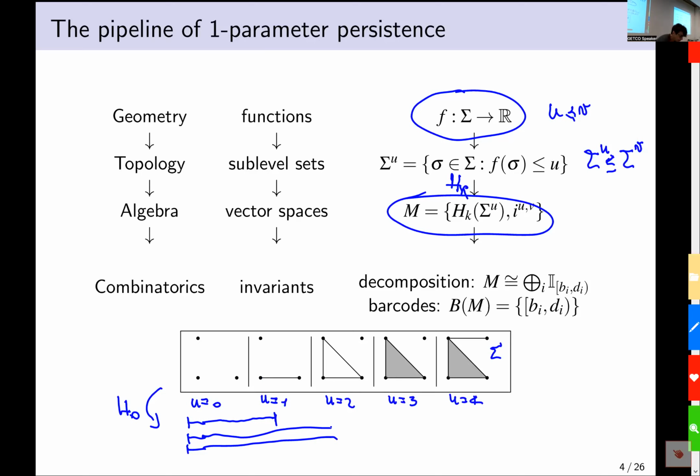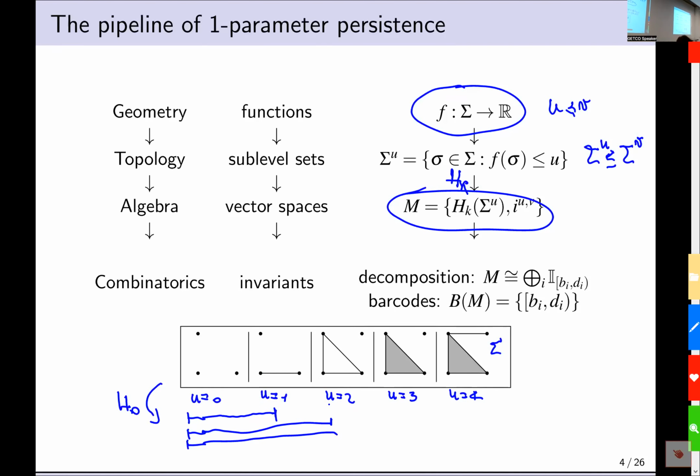When we get to u equals 2, we see that another connected component merged to the previous one, but also a new bar is being created by this new connected component, and so a new bar starts.